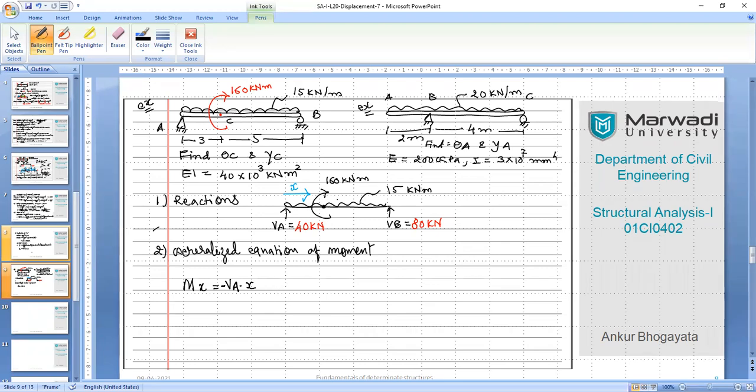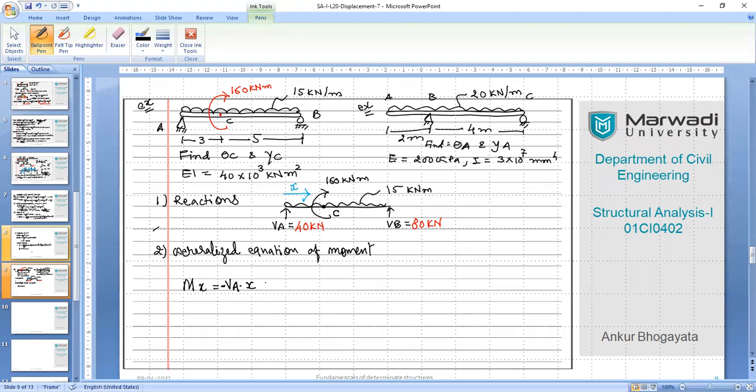Still, UDL. Let's say this is A, this is B, and this is C. So segment one is done or it's pending. There is UDL. Yes, UDL is there, so it is still pending. So UDL will create anti-clockwise moment.